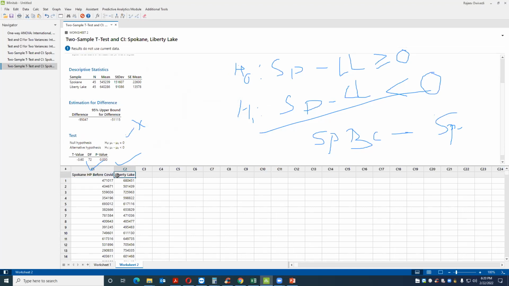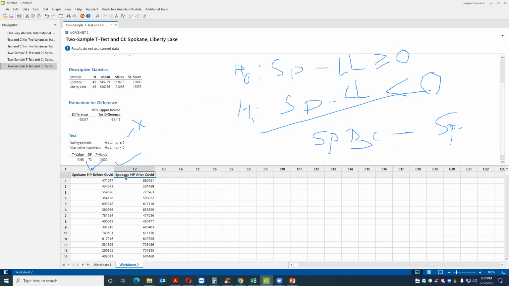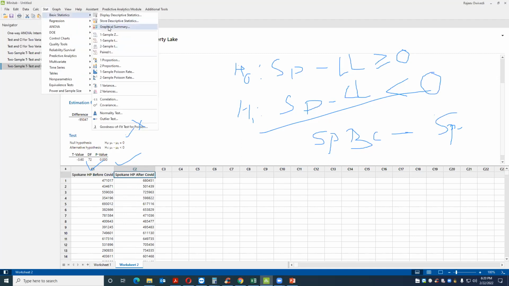And let's say the price increased, housing prices after COVID. So if the situation has changed, I cannot use the two sample test. I have to go with paired sample, because this is the same situation.